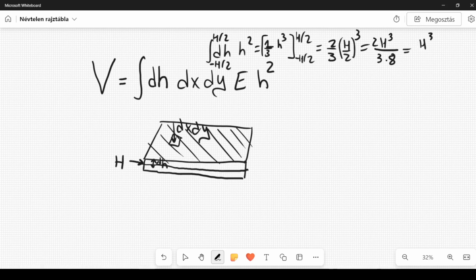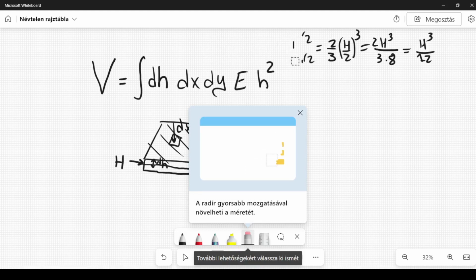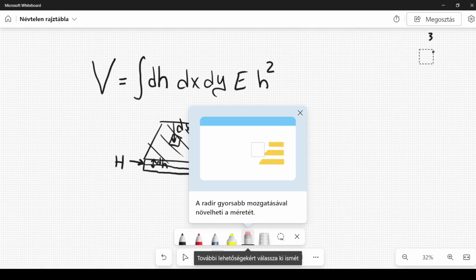So it's H cubed over 12. So we can put these quantities together if we integrate over h, because all the other quantities do not depend on h.